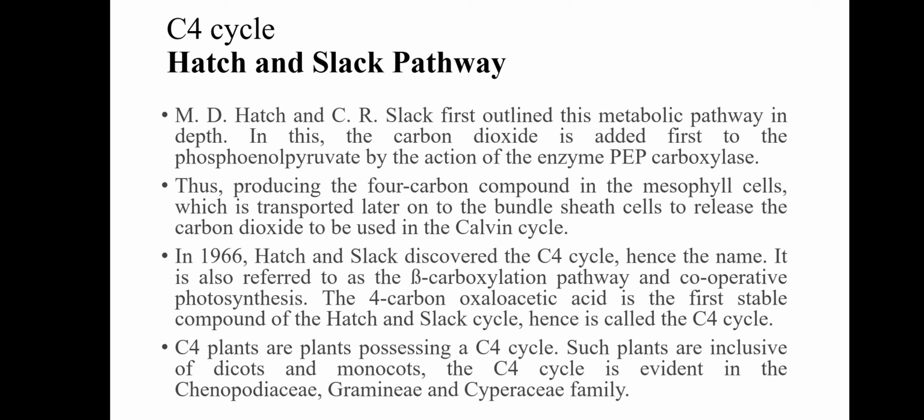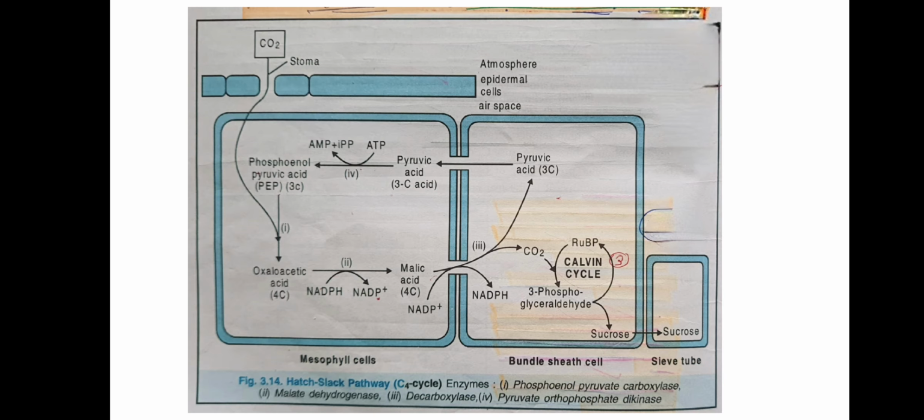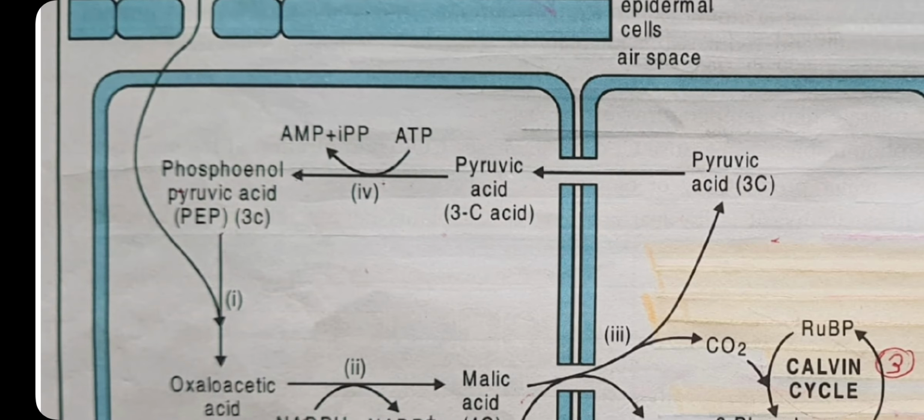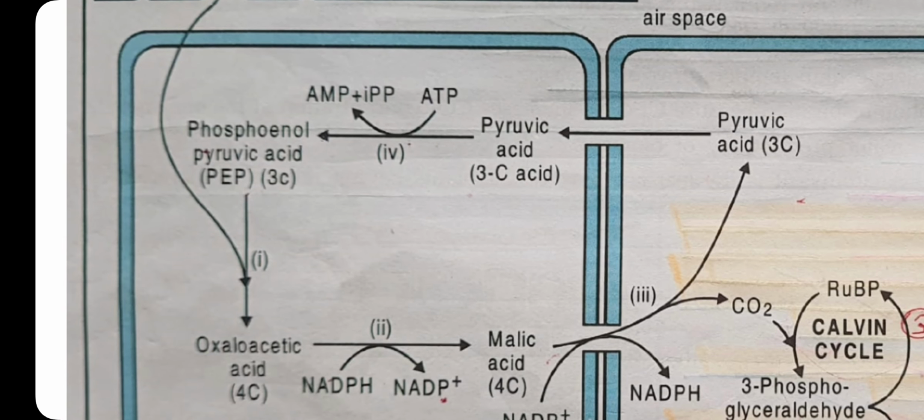In some plants, the first stable product of this dark reaction is a 4 carbon compound, and the first reaction is aided not by Rubisco. Here in C4 it is aided by PEPcase or phosphoenol pyruvate carboxylase, and the first receiver of CO2 in C4 plants is PEP or phosphoenol pyruvic acid.